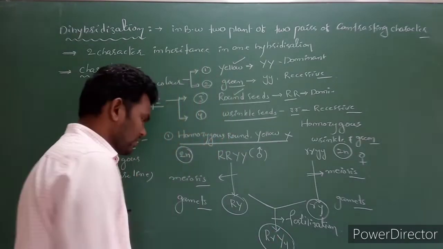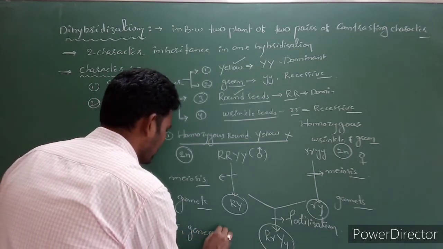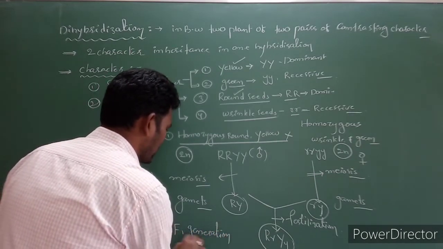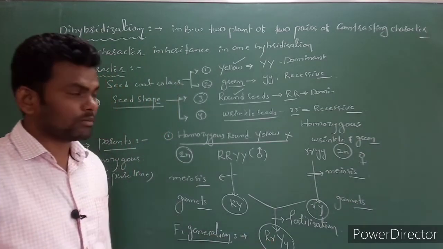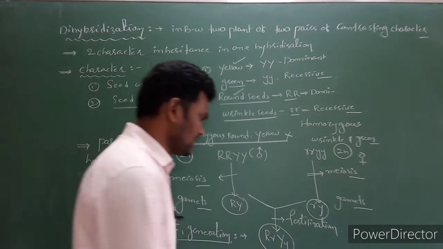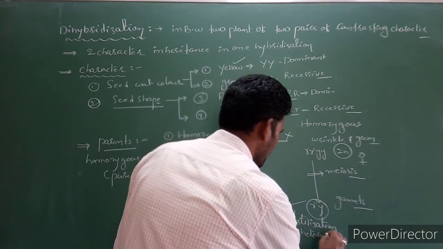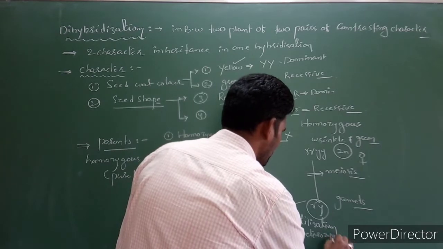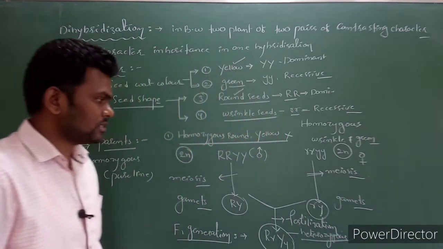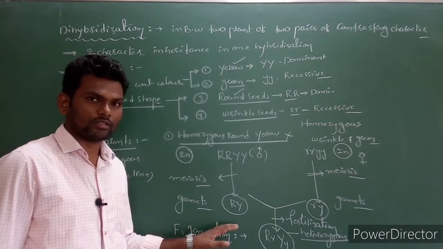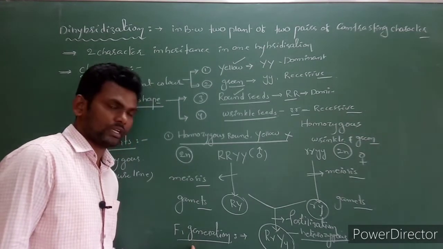That zygote becomes the F1 generation plant. The F1 generation plant character is heterozygous. So this is a dihybrid cross, and now we get one hybrid plant, the F1 generation.